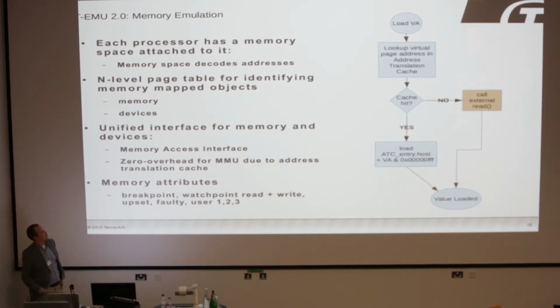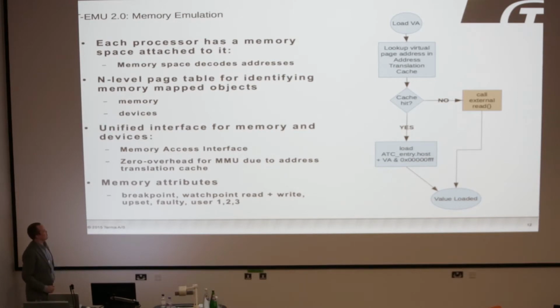You have a cache, you look at the virtual address, you check if it's a hit, and in that case you load directly. And if it's not a hit, you go out to an external memory system, and then you can, for example, check whether breakpoints have been set and do all kinds of stuff like that that would consume a lot of time. And then you make sure that you only cache RAM and ROM and stuff that has no breakpoints, for example.